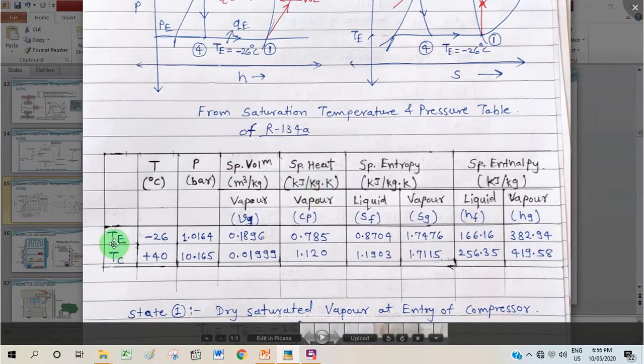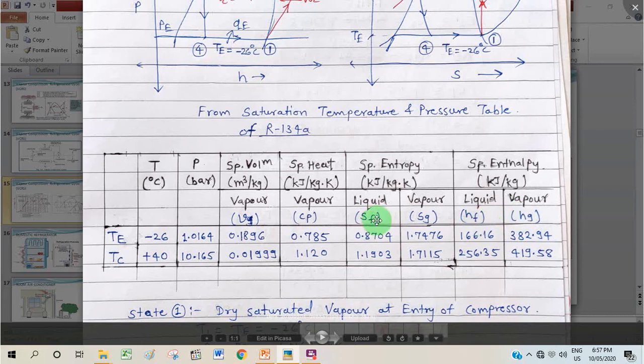So evaporating temperature T minus 26 degrees Celsius, and these many properties I have written down: pressure, specific volume of vapor in meter cube per kg, specific heat of vapor in kilojoule per kg Kelvin Cp, specific entropy for liquid and vapor in kilojoule per kg Kelvin, and specific enthalpy for liquid and vapor in kilojoule per kg, Hf and Hg.